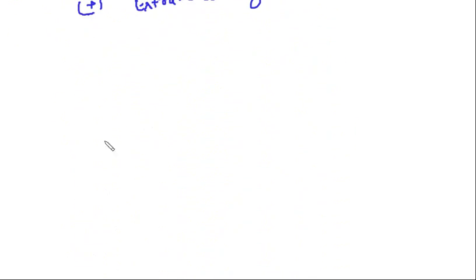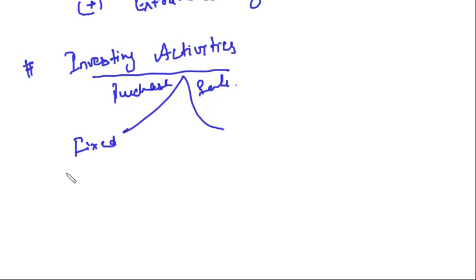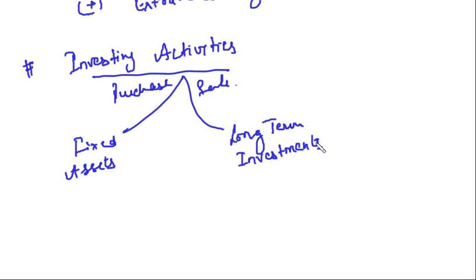If we talk of investing activities, our investing activities deal with basically two things. I can say purchase and sale of fixed assets and long-term investments. So we have discussed the cash flow in case of purchase and sale of fixed assets and the long-term investments.